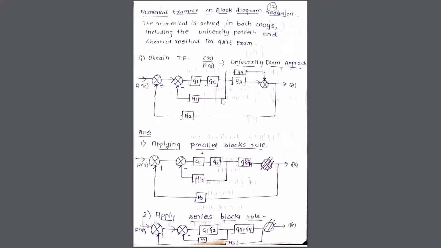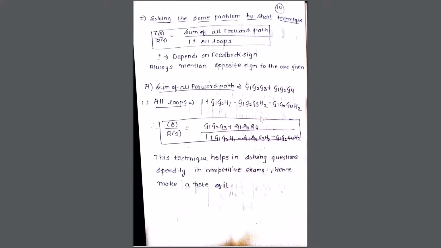A forward path is a path which is going from the input towards the output. Hence, we have only two forward paths, that is G1, G2, G3 and G1, G2, G4. We cannot have other paths as forward paths because they are all feedback paths. They are all loops. Then the formula says upon 1 plus or minus all the loops.